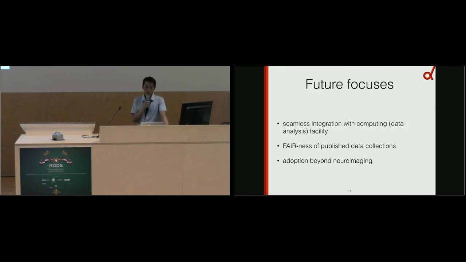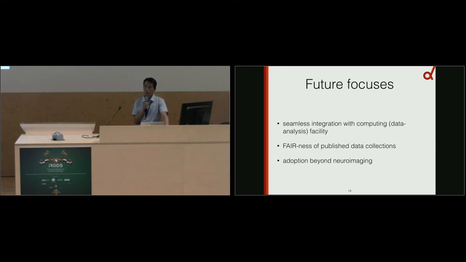Our future focuses, of course: we want the system to be used also as part of the data analysis facility at some point. Secondly, we only accomplish some part of the FAIR principles, like we have the persistent identifier for the public data.